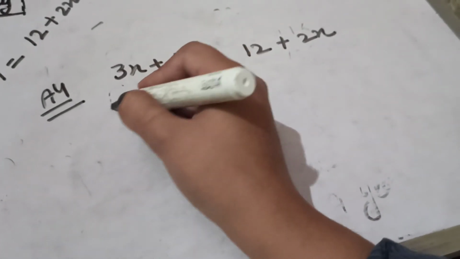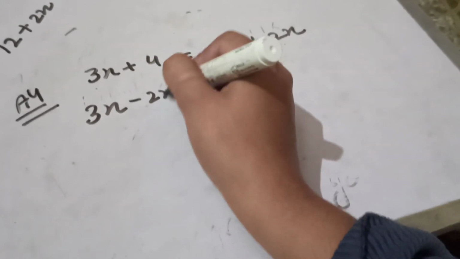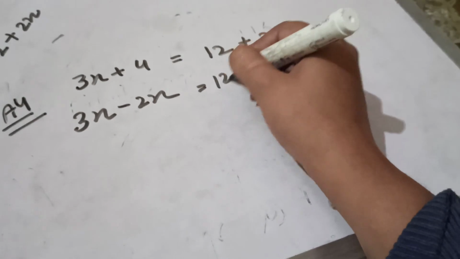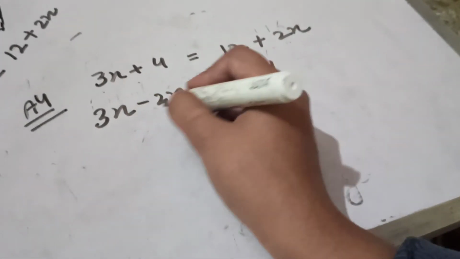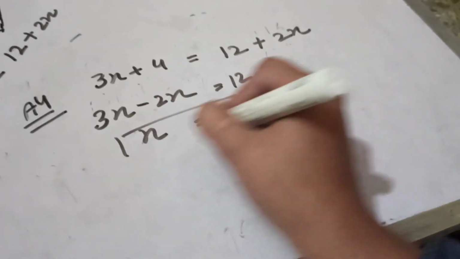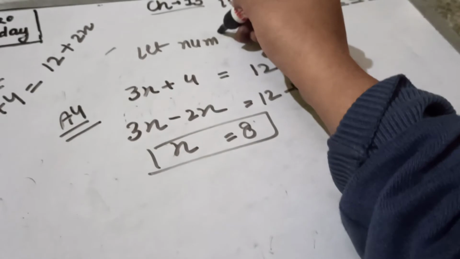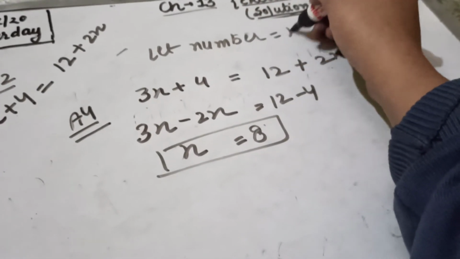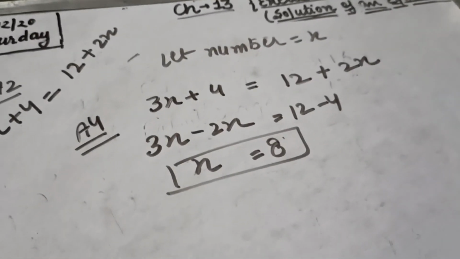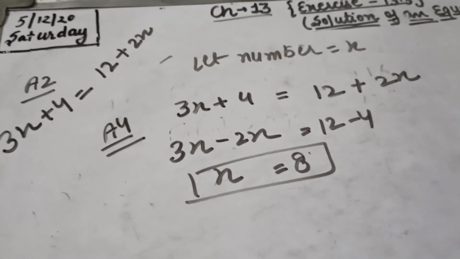So firstly, keep the x terms on one side, plus will change into minus. Here this will change into minus. 3 minus 2, x, and 12 minus 4 is 8. And here you will write let the number equal x. So find the number, and the number is equal to 8. Clear?